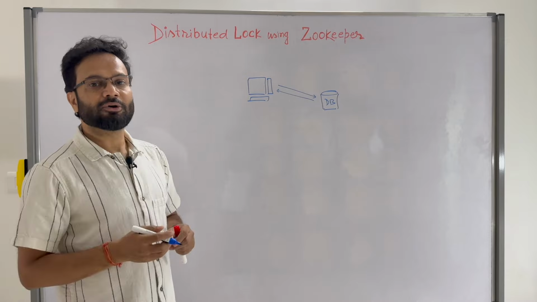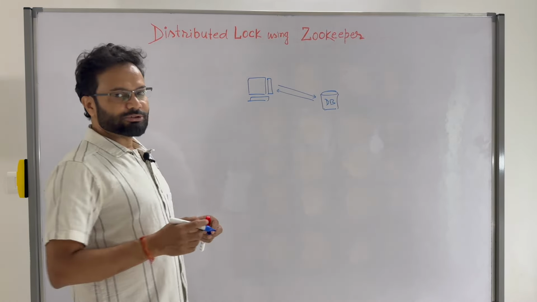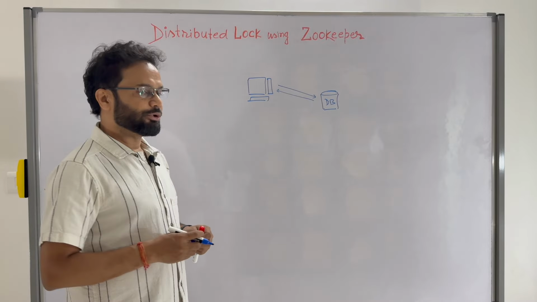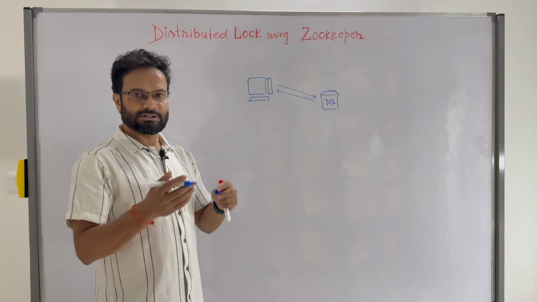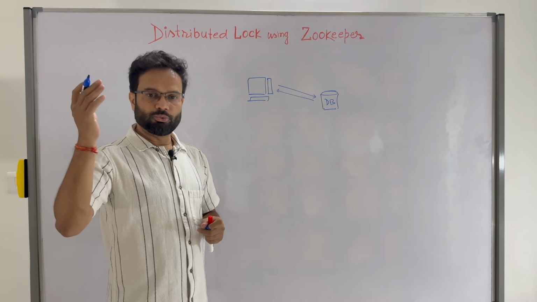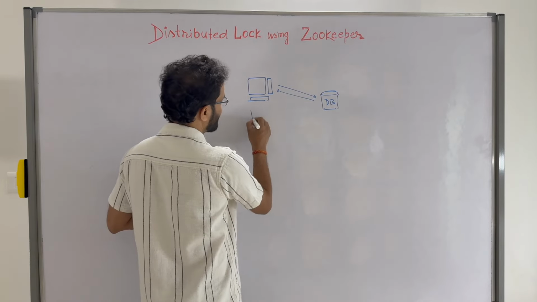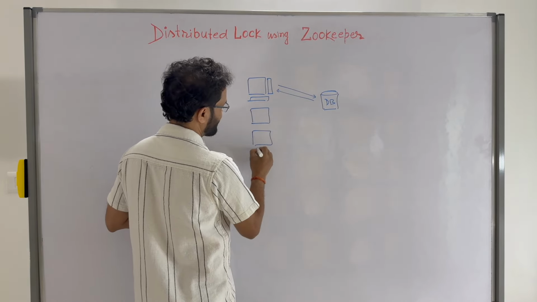But now the time came for the distributed system, right? So in a distributed environment, suppose you have huge tasks and you want to complete those tasks in a certain time. If you use one system, it will take a very huge time. So what you will do, you will add many more worker nodes.